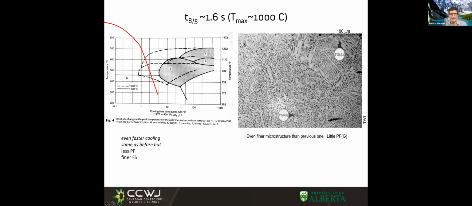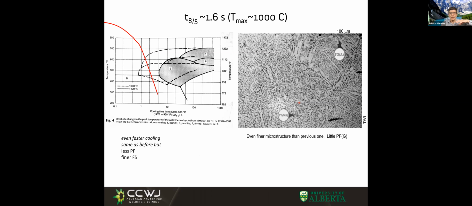In this other case, at this T85, we went from 100 seconds to 1.6 seconds. This is kind of laser welding. And what do we get to see? In this case, we get to see the same bainitic microstructure, which is much finer. And it makes sense because faster cooling is the equivalent of lower temperatures.